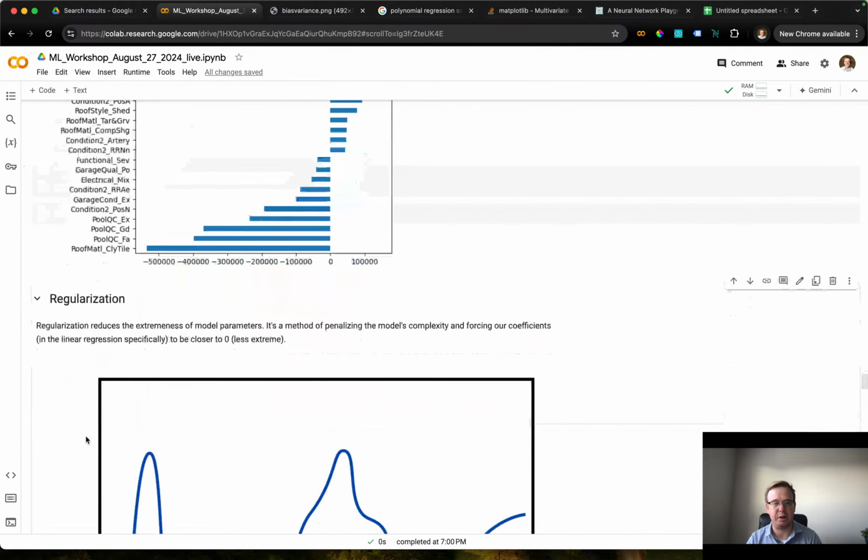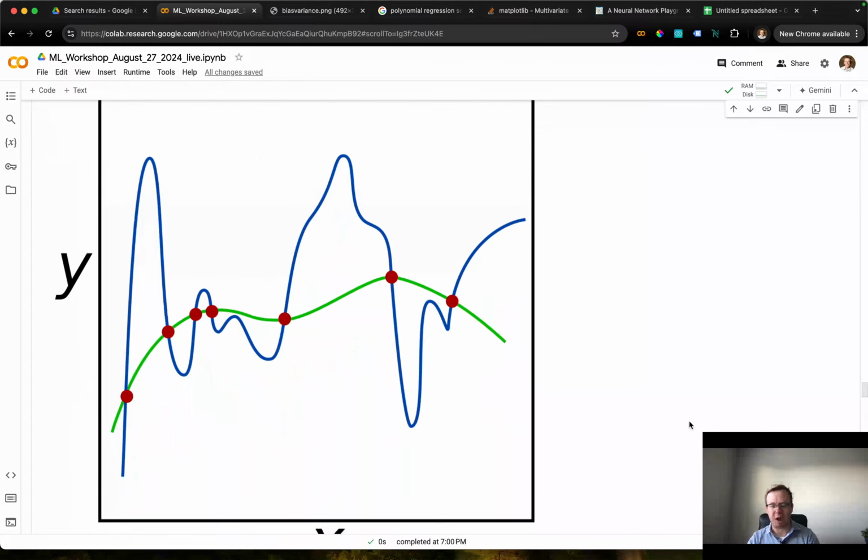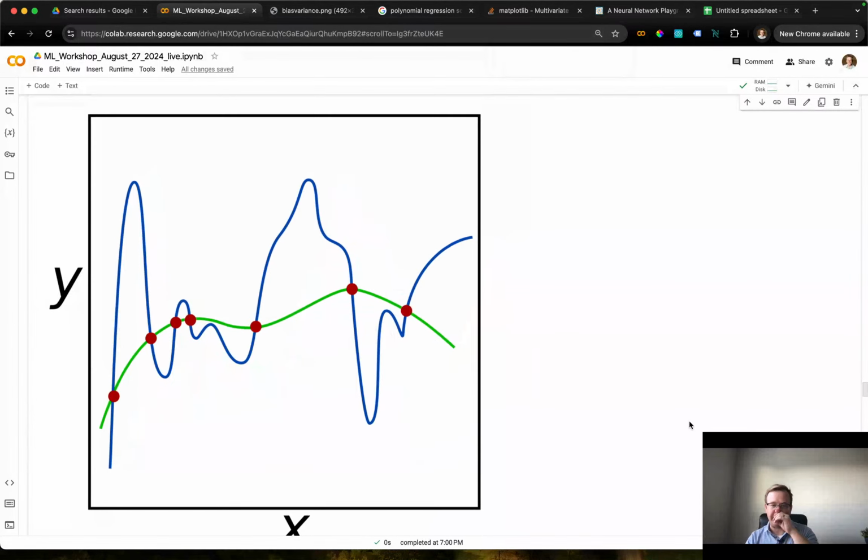Okay, so here's our tool. Here's the medicine. Something called regularization, right? We talked about how our model twists and turns, particularly with polynomial features or with lots of x features, allowing our model all these twists and turns. And these extreme positive slopes or extreme negative slopes can be thought of as our extreme coefficients, allowing it to twist and turn in all these crazy directions. Well, we want to take those coefficients and make them smaller.